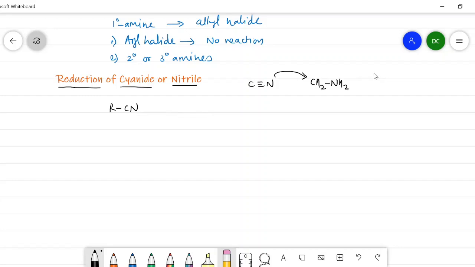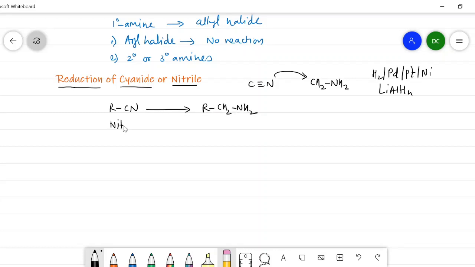So two types of catalyst or reagents we can use: H2 in presence of palladium, platinum, or nickel, and lithium aluminum hydride. So RCN is going to convert into RCH2NH2.